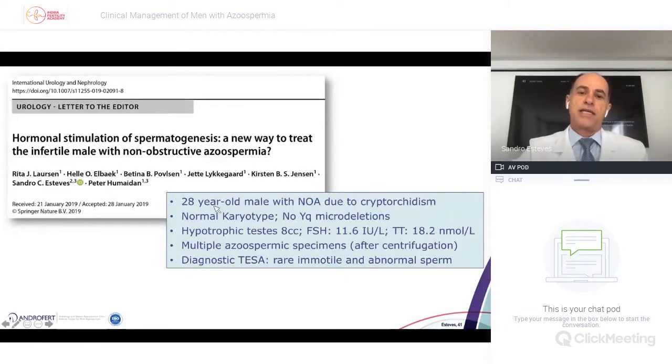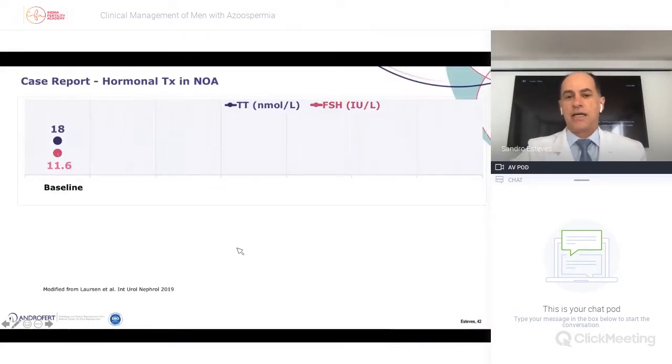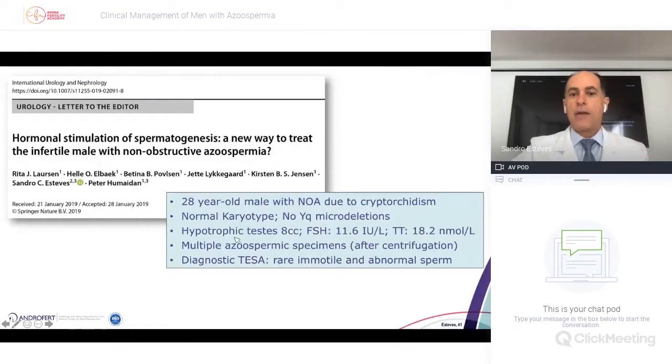In this case, the patient was 28 years old, and the etiology was cryptorchidism, with normal karyotype and no Y chromosome microdeletion. Here you can see that the patient had small testicles of 8 cc.